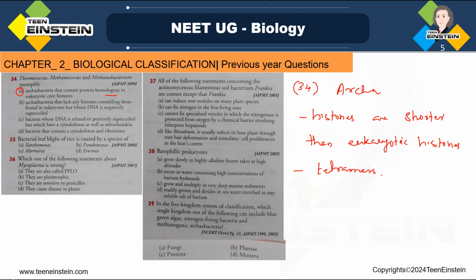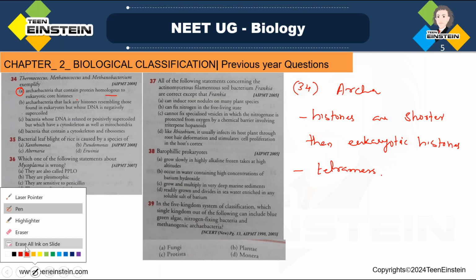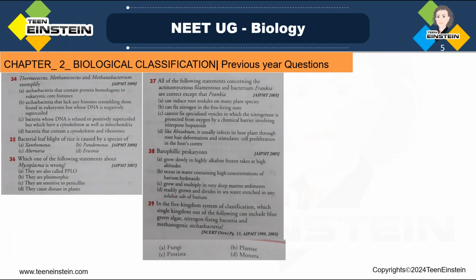Next, question number 35. Bacterial leaf blight of rice is caused by a species of. This is a direct question. You have to know which organism causes bacterial leaf blight of rice.